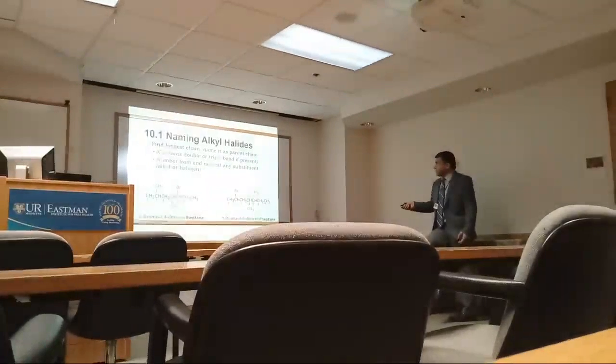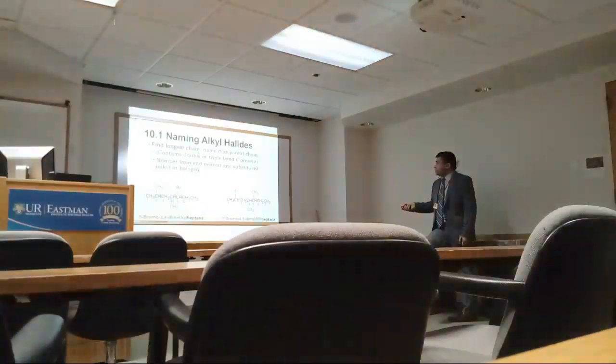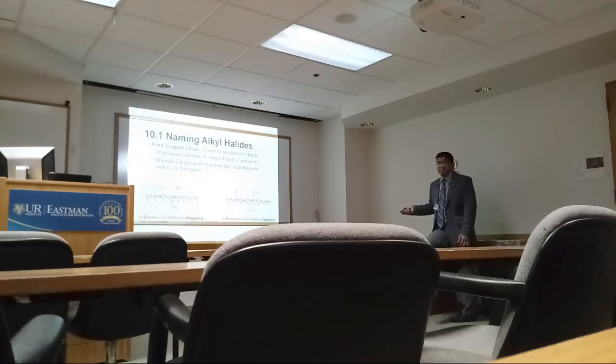the 7-carbon backbone has 2 methyl groups and 1 bromine. So this time the bromine is on the 2nd carbon, but the methyl groups are on the 5th and 4th carbon. Bromo still stays first. It's not because of the 2nd carbon, it's because of that B, which makes it come earlier from an alphabetical order perspective as compared to the D here, right?